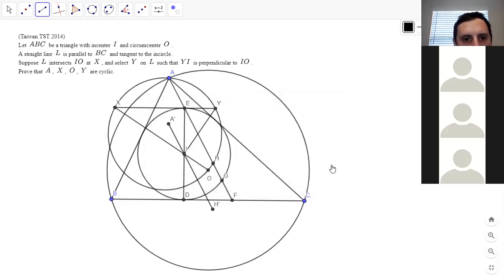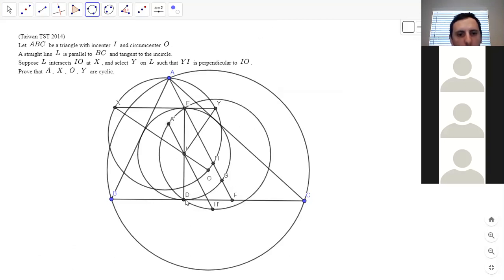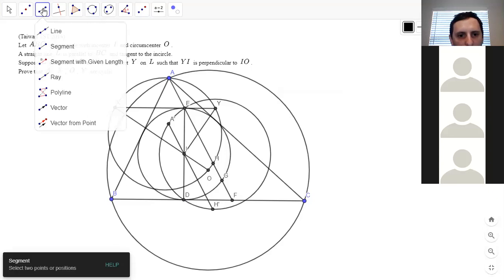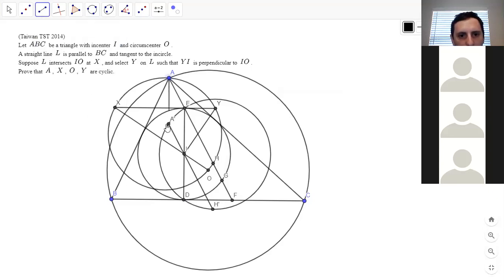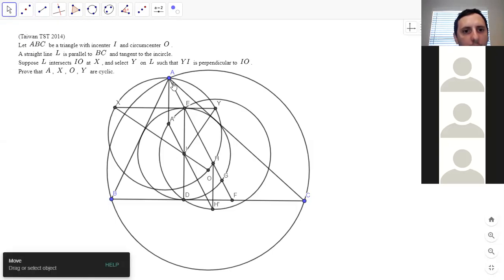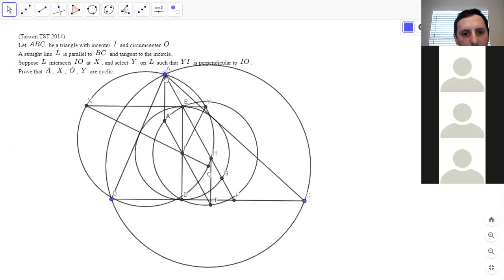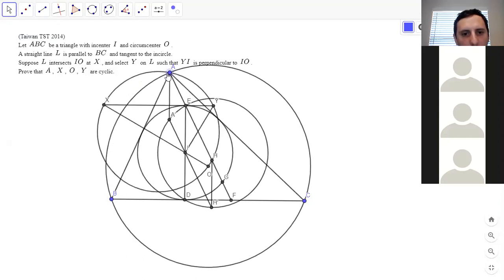And then these are cyclic. And then basically I want to show, is that the same size as the circumcircle of AXOY? No, it's not.